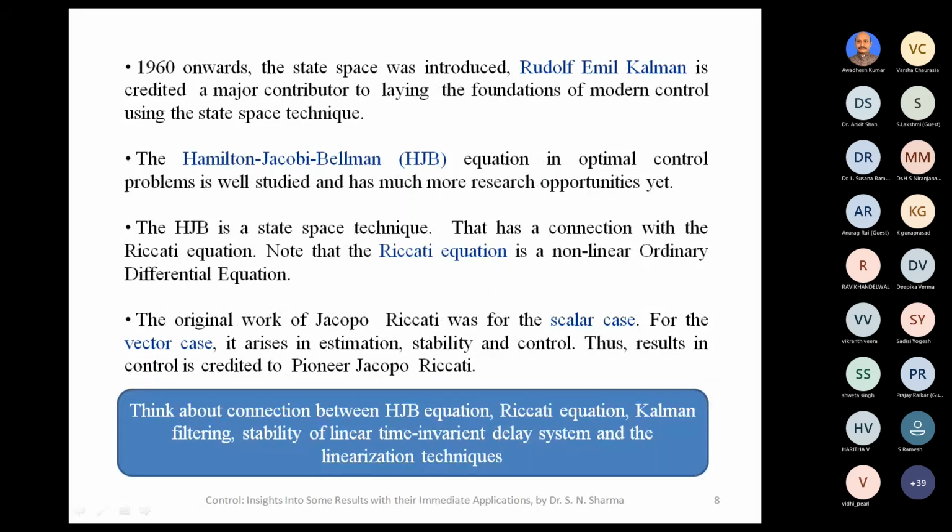Now, the transfer function for nonlinear systems that we have studied, we have discussed. Now there is another part, from 1960 onwards. Now what did Rudolf Kalman do? In the whole control theory, Rudolf Kalman used the state space setting, not transfer functions.